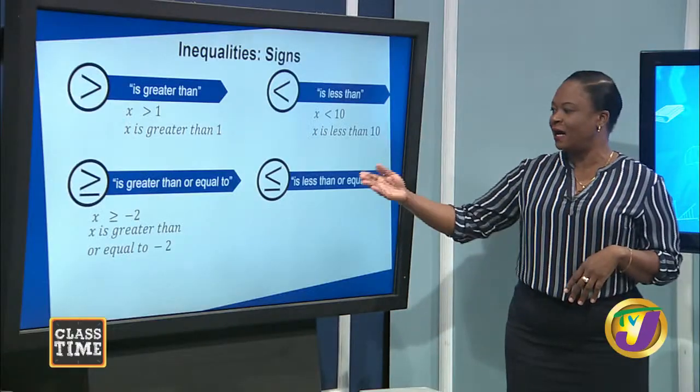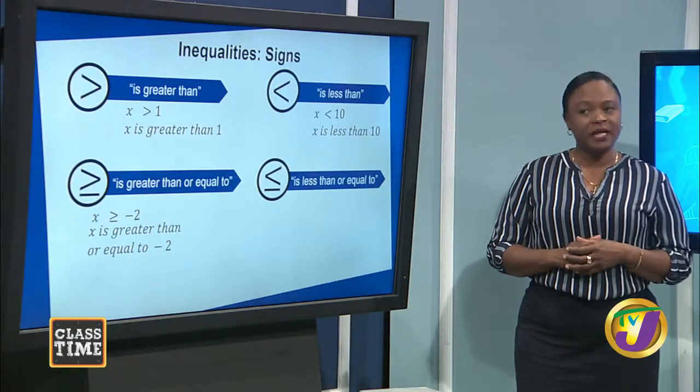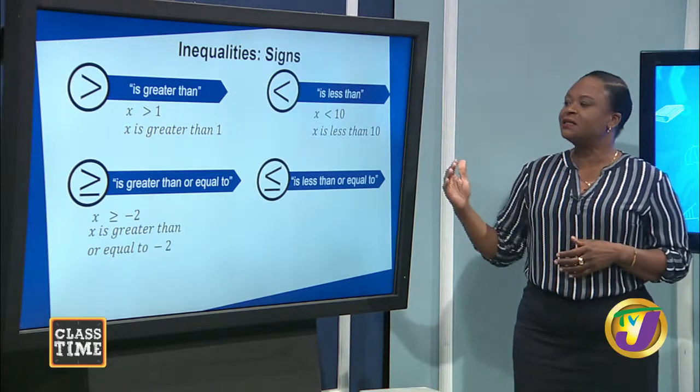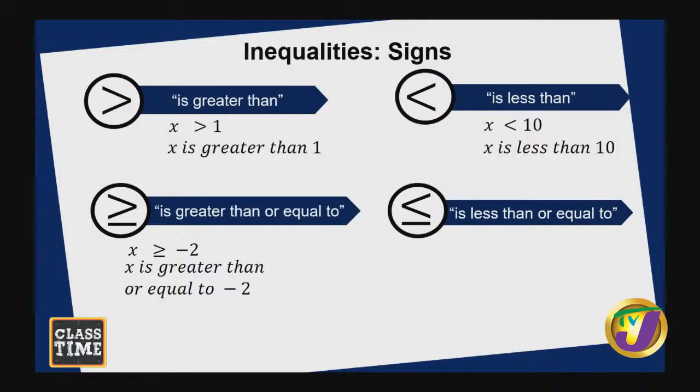And of course we have the is less than or equal to sign. It is similar to the is greater than or equal to, but the opposite. I hope you understand what we're saying. As in the example, x is less than or equal to 12, and this is how it is read.